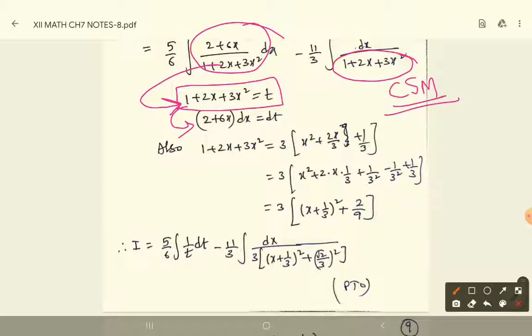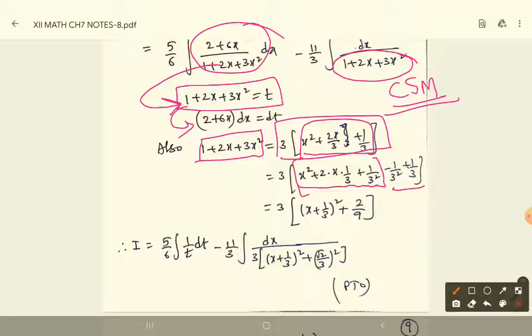So 1 plus 2x plus 3x square, how to complete the square? Take 3 common first, so that x square plus 2x by 3 plus 1 by 3 will come. So it is nothing but x square plus 2 into x into 1 by 3 plus 1 by 3 square is one group, minus 1 by 3 square plus 1 by 3 is another group. So that I can write the first group as x plus 1 by 3 whole square plus 2 by 9.